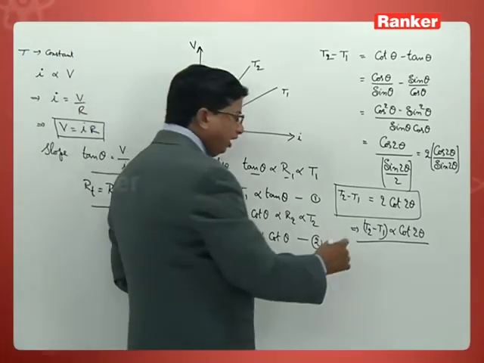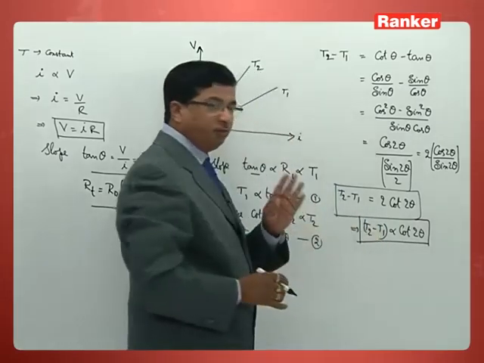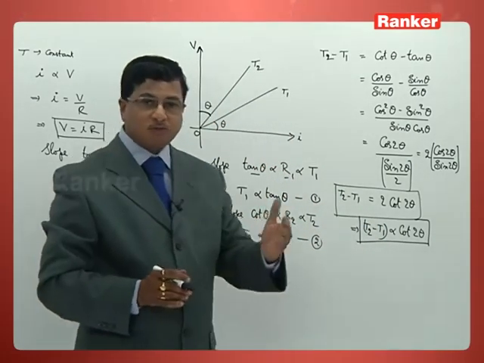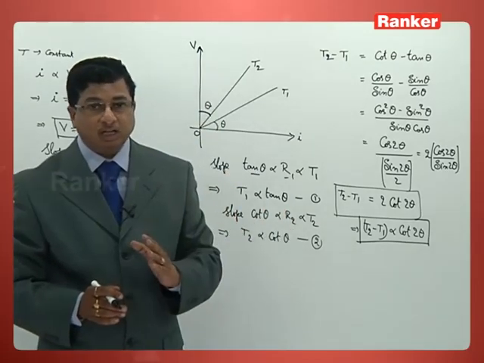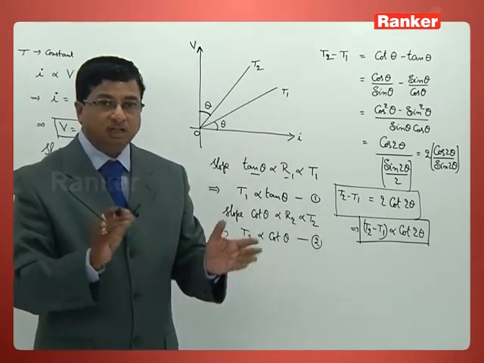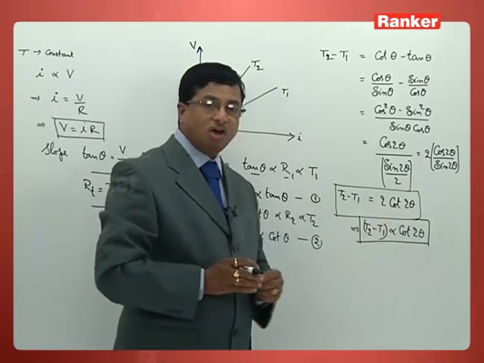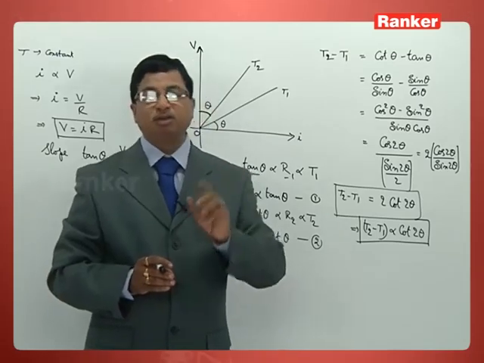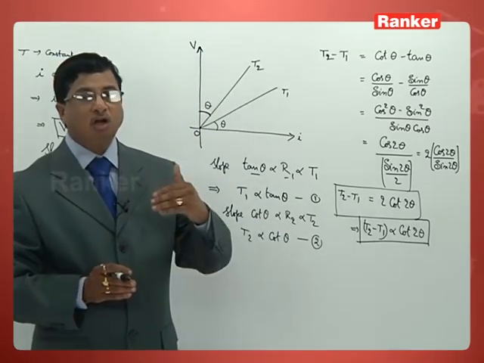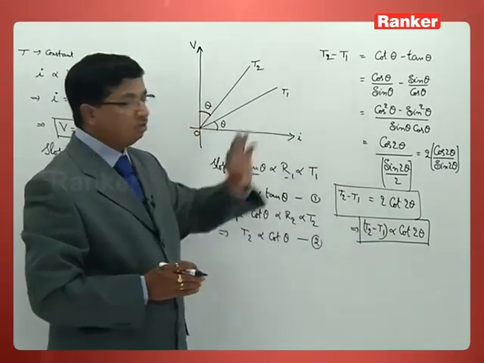So, what is the correct option over here? You just look at first. He has given 4 options: cos 2 theta, sin 2 theta, cot 2 theta and tan 2 theta. Out of them, which one have we got now? Third option, which is C, is correct. So, cot 2 theta is the corresponding answer for this T2 minus T1.